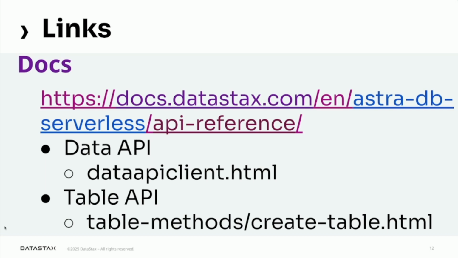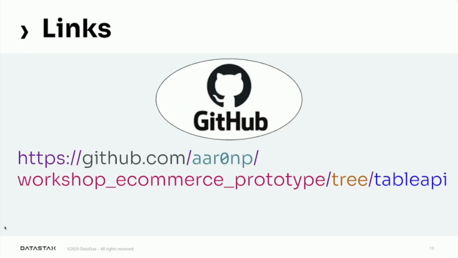So you can go to table-methods/create-table HTML, and this will put you right in the middle of the Table API docs if you want to learn some more about this. And of course, the code for today can be found in my GitHub repository, github.com/AAR0NP, and this is the workshop_ecommerce_prototype. And specifically, we're working in the Table API branch that changes this and lets us use the Table API to get a lot of that data.